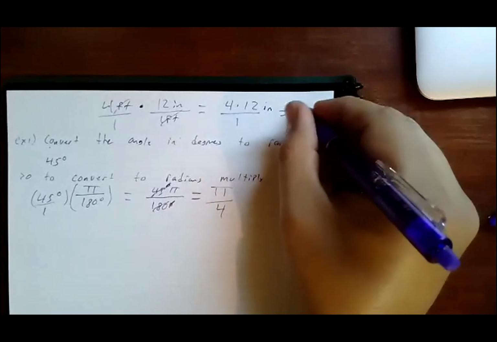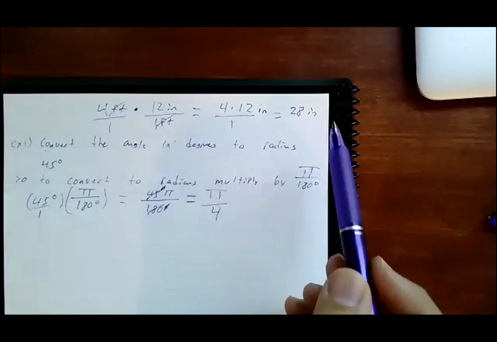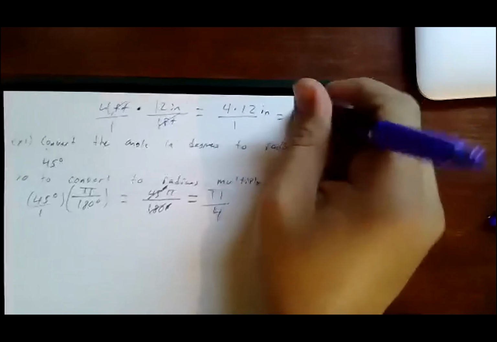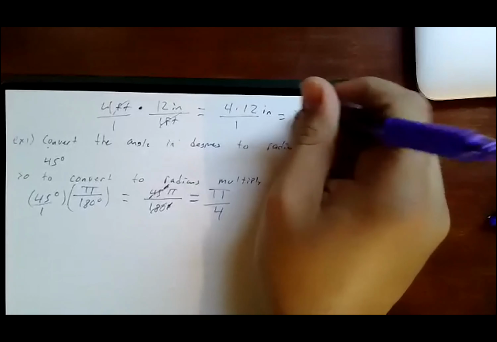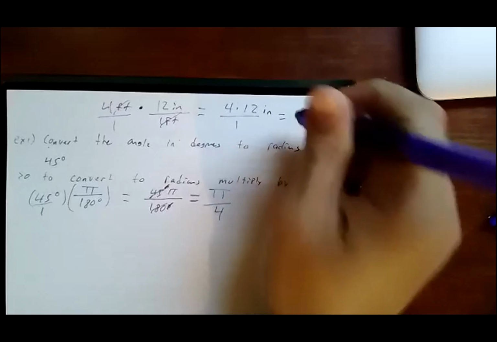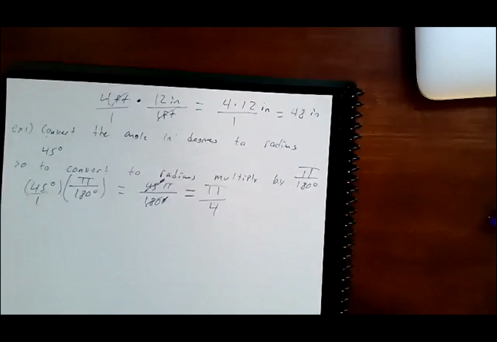So we will have 28 inches, which we need the answer, right? 4 feet has, actually I messed that up. How many inches in 4 feet? 48. There you go.